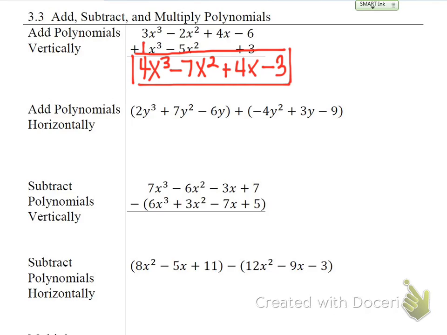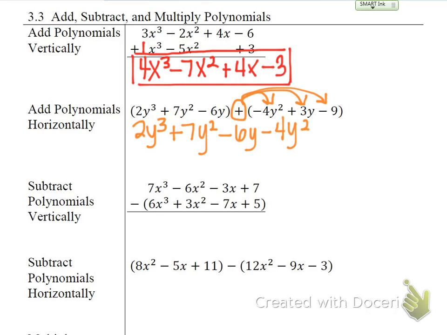Okay, guys, so before you start adding, if you're ever adding or subtracting horizontally, the first thing that you're going to do is distribute that sign into the parentheses. Now, does an addition sign change the sign of anything inside the parentheses? No, so everything stays the same. So let's rewrite this without parentheses. That's going to be 2y to the third plus 7y squared minus 6y minus 4y squared plus 3y minus 9.